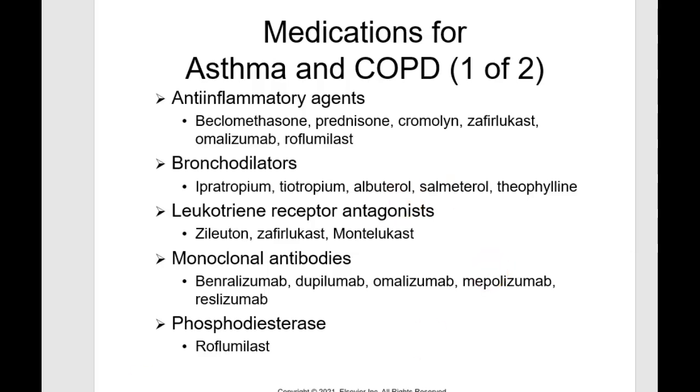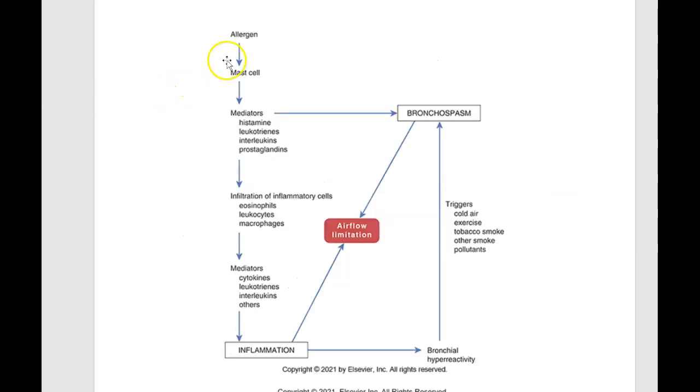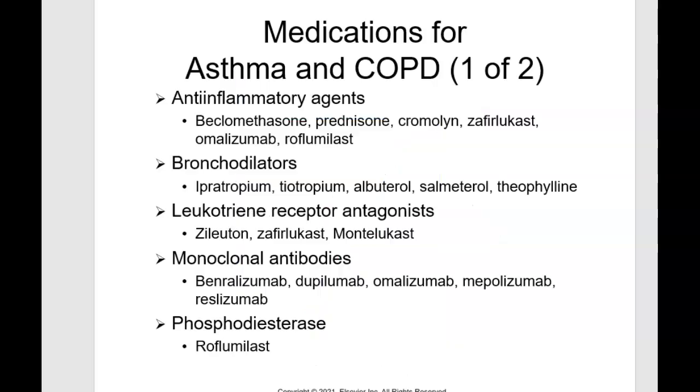So if we look at that in our previous diagram here, it works here. So cromolyn works early in this process and helps suppress the mast cells so you don't get the specific mediators released like before. It's given via nebulizer, and it can be used in asthma as an alternative to the inhaled glucocorticoid.